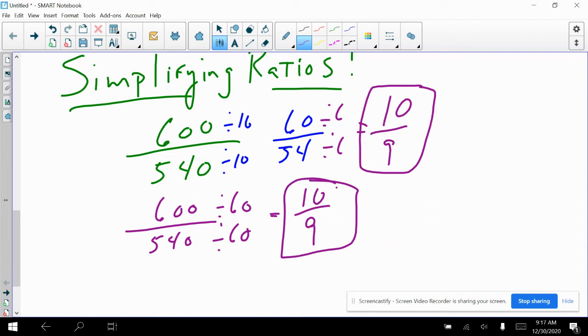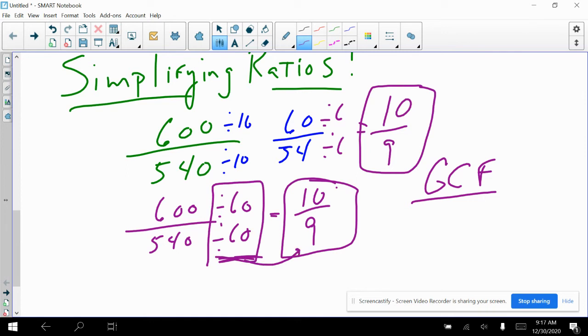Again, back in chapters 2, 3, and 4, we mentioned something called the GCF, the greatest common factor. And again, if you know your facts and your factors, right, if you use the largest one, you will automatically get a fraction in simplest form. Okay, that's not a requirement, but again, if you can think of the larger numbers that go into them, you can get down to simplest form very quickly.